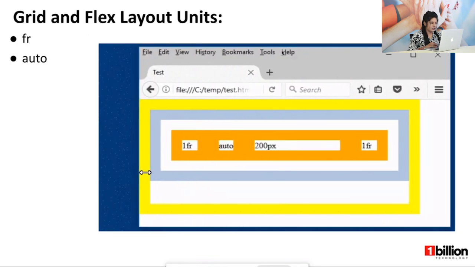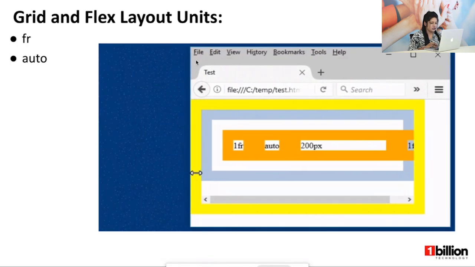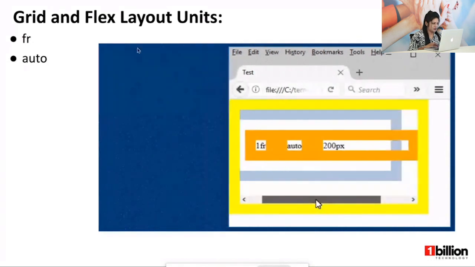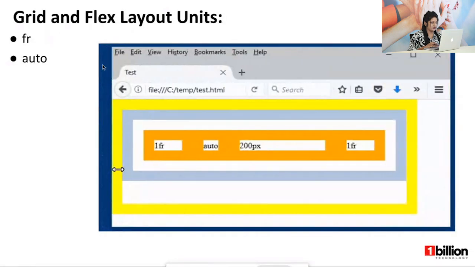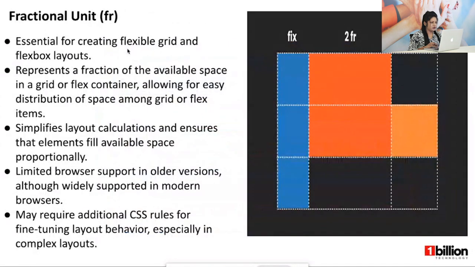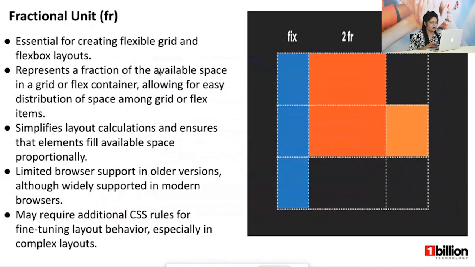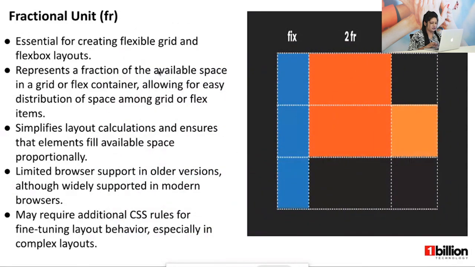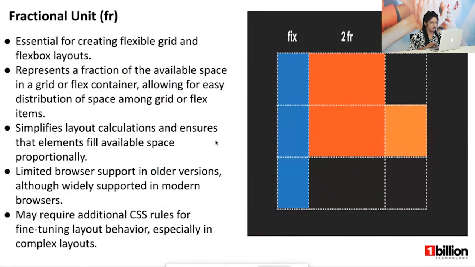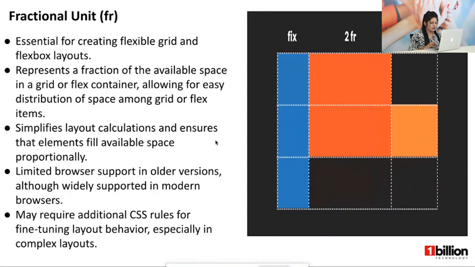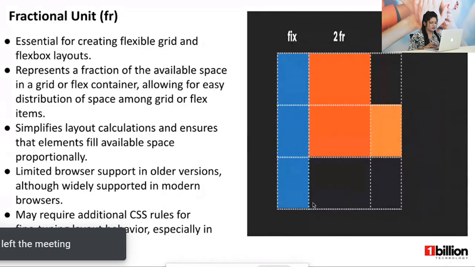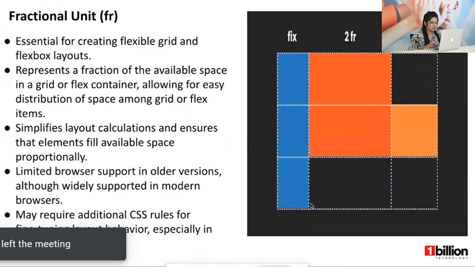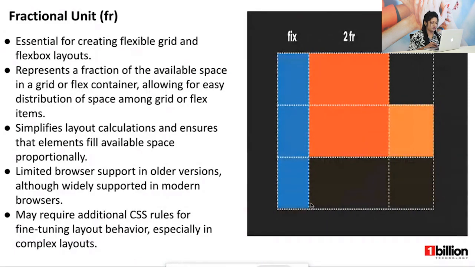Now let's see the grid and flex layout units. Here we use these units to create flexible grids and flexbox layouts. The first one is the fractional unit. The fractional unit, denoted by FR, is like puzzle pieces that allow us to distribute available space among grid or flex items. They simplify layout calculations, ensuring elements fill available space proportionally.